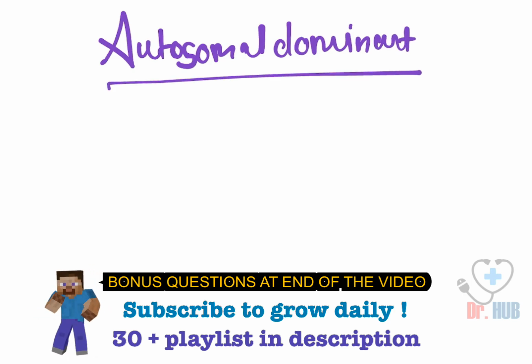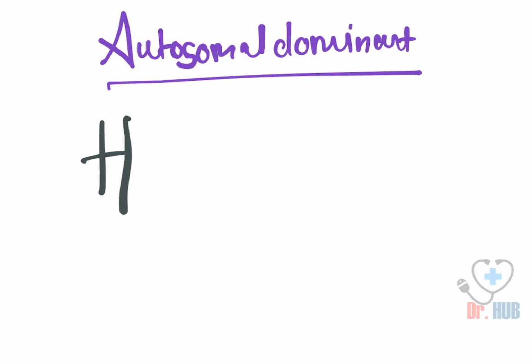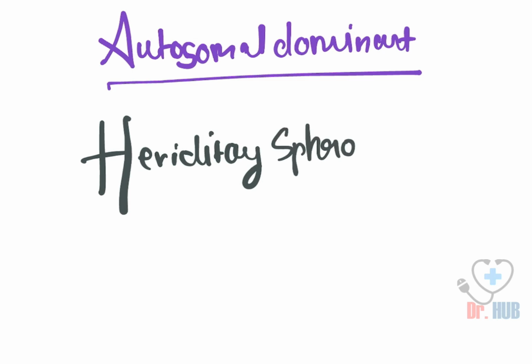So under autosomal dominant, the diseases it includes. Under H, it includes hereditary spherocytosis.